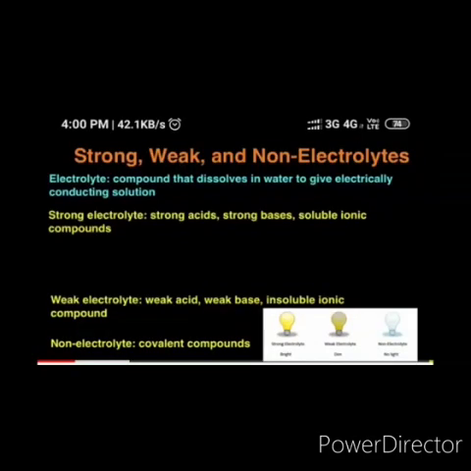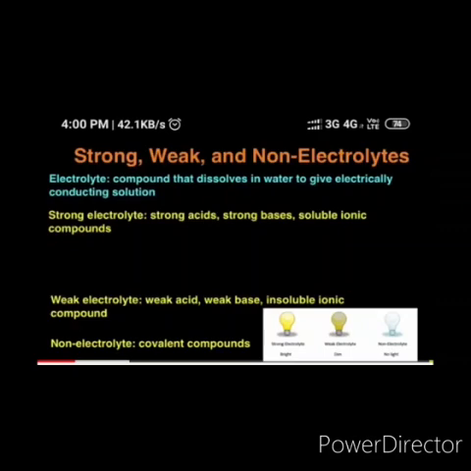There are two types of electrolytes, strong electrolytes and weak electrolytes. Strong electrolytes ionize completely or almost completely. For example, strong acids, strong bases and salts. But weak electrolytes are those which dissociate to a smaller extent in aqueous solution.